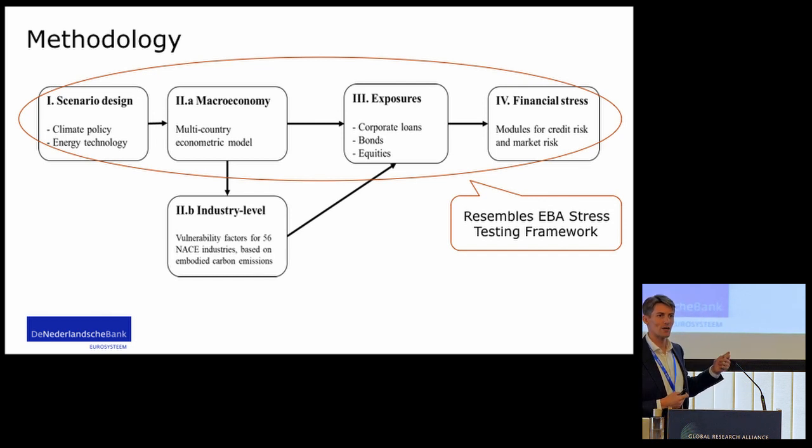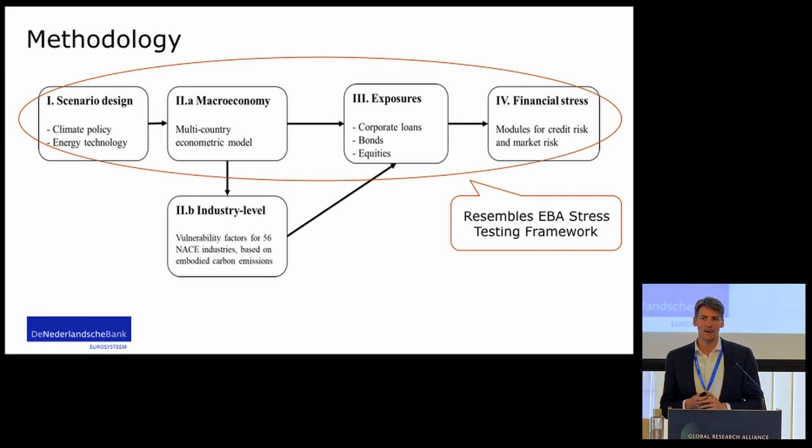And then the second big difference with a typical exercise is that we don't just stop at the macroeconomic scenario, but then we made a split to what happens in various economic sectors. And we do this because, quite intuitively, there was a panel on stranded assets this morning where they went into it in detail, but some sectors are obviously more at risk from the energy transition than others.